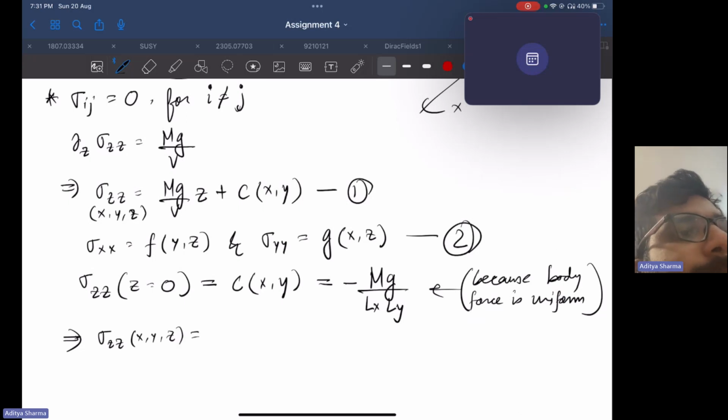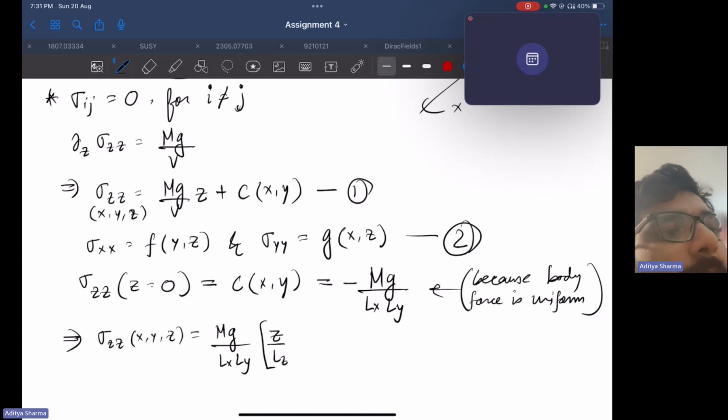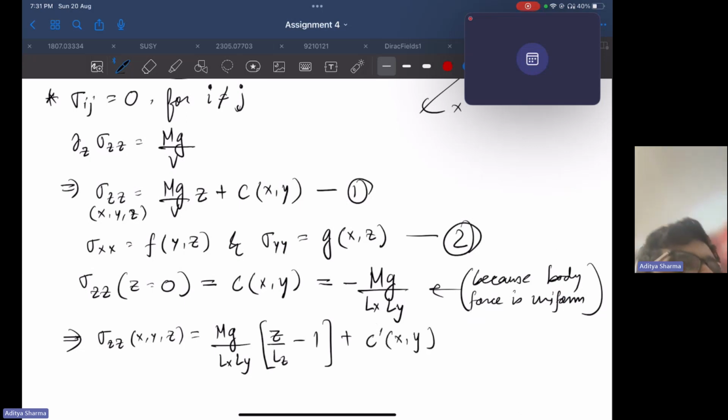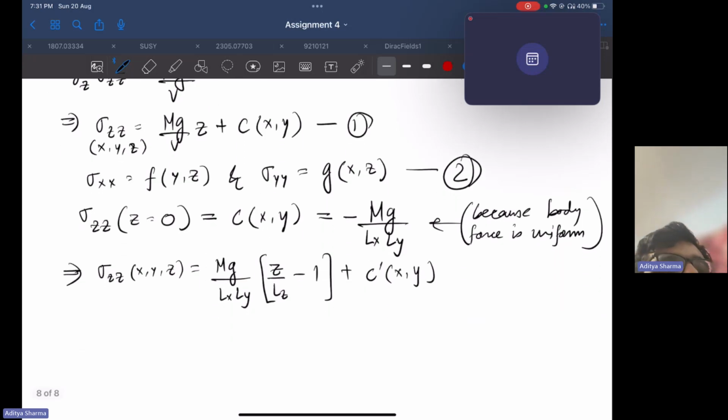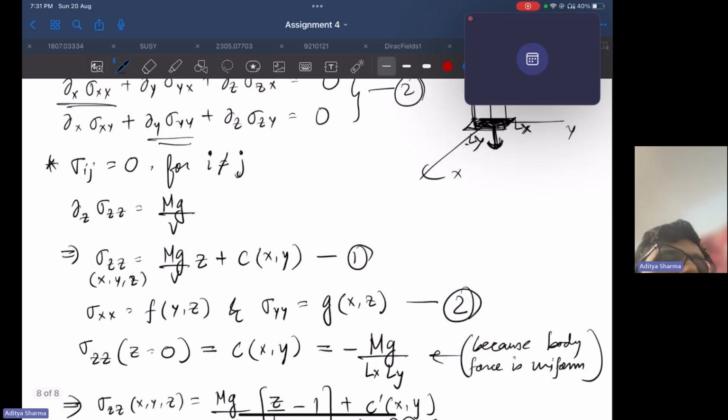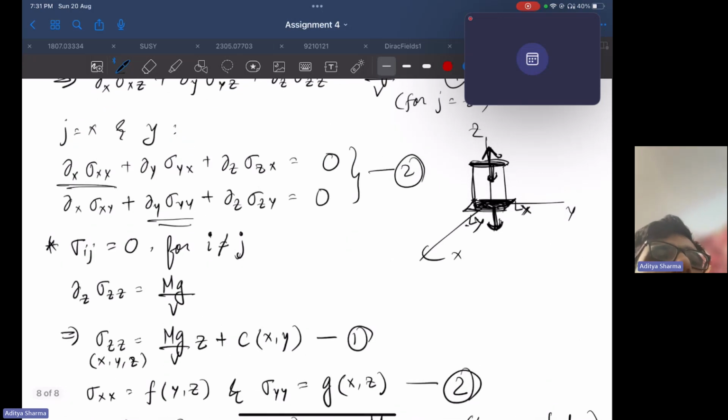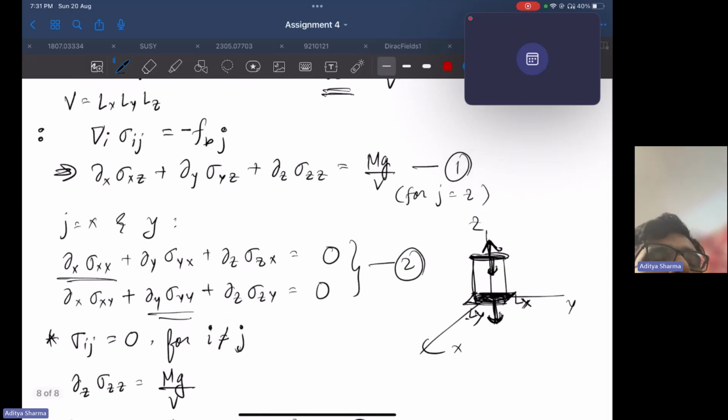Now, given this, you can write this as sigma zz equals mg by Lx Ly times z by Lz minus 1, plus some C prime of x, y. Now we are going to use a symmetry argument, and we can argue that this C prime is equal to 0. The reason is that the cube looks symmetric and the body force is also symmetric.